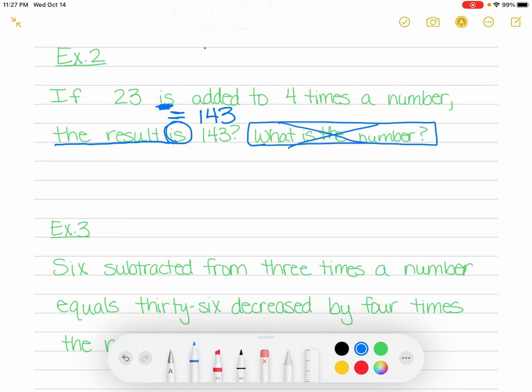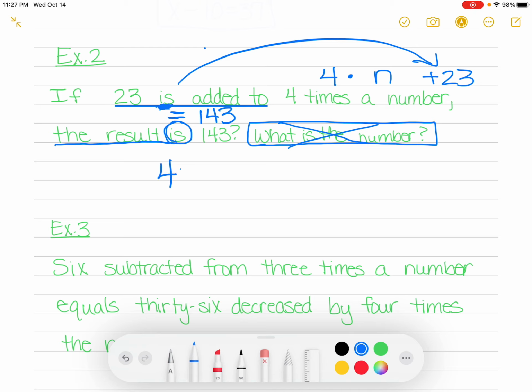We want 23 to be added to it, so I'm going to move that to the end. We're going to do 4 times a number here, and then we're going to add 23 to it, so that goes after. So there we have our problem. We have 4 times a number, so 4n plus 23, because we're going to add the 23 to the 4 times the number, and that equals 143.